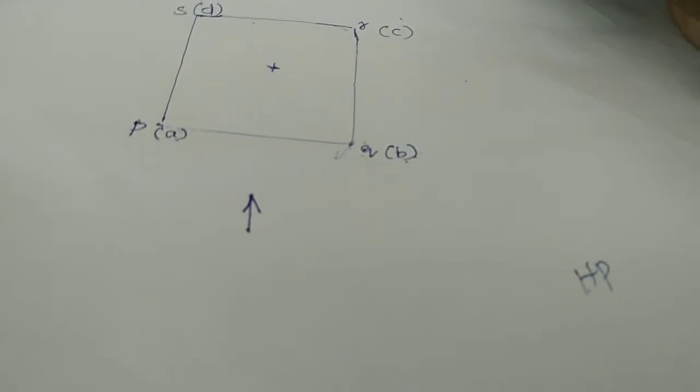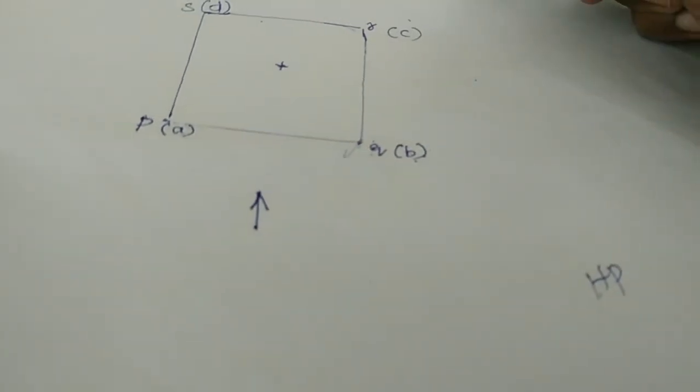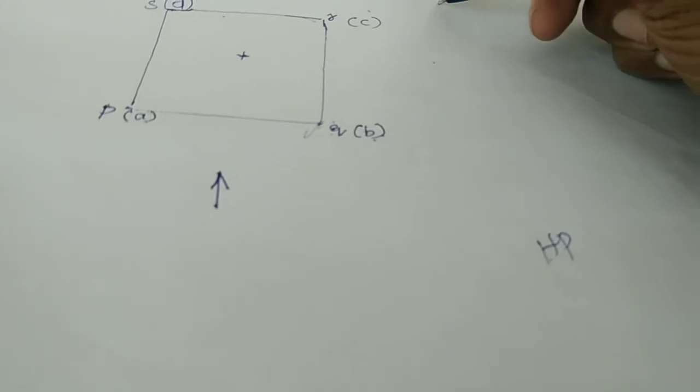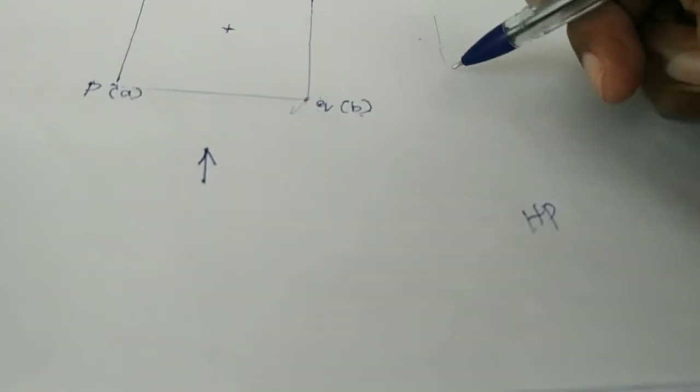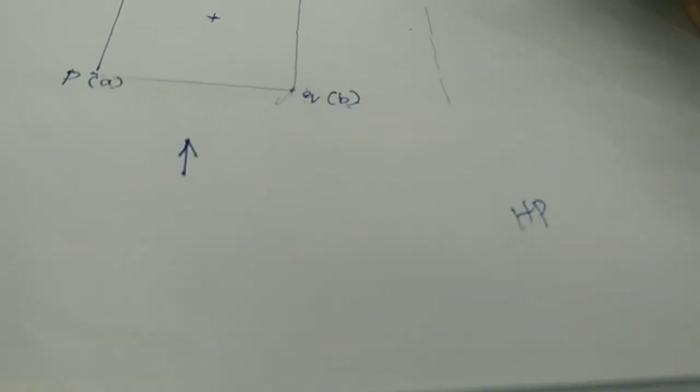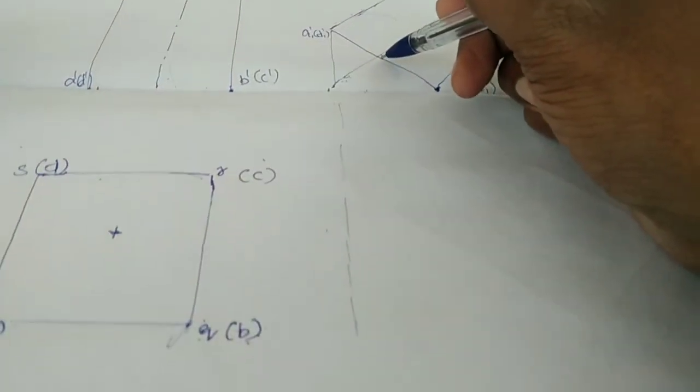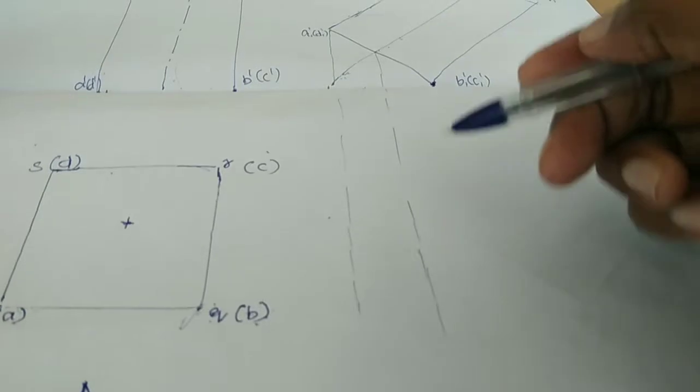After that, you have to project each corner towards the horizontal plane. You have to project each corner, and the projection lines will meet the XY line, and after that you project into the horizontal plane.